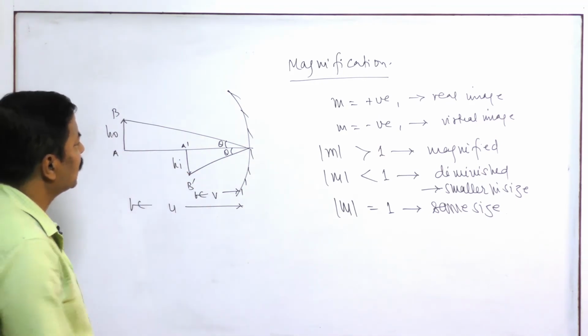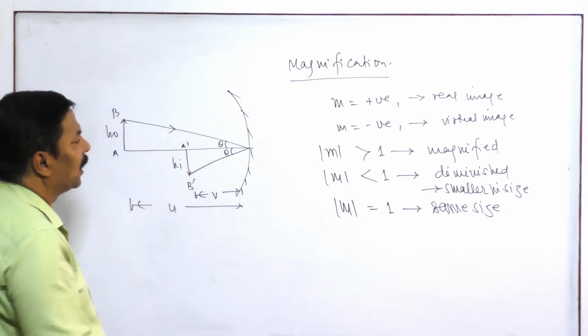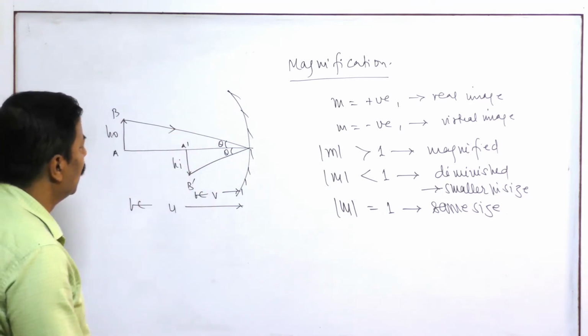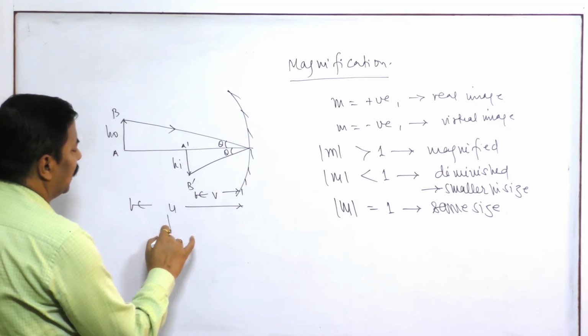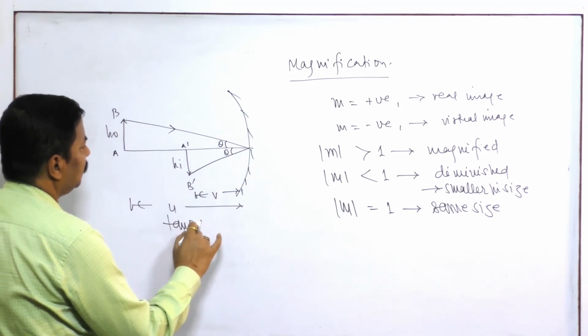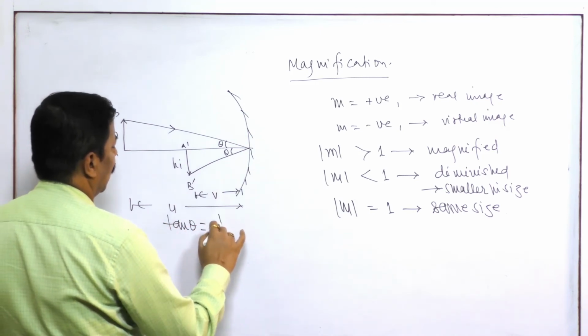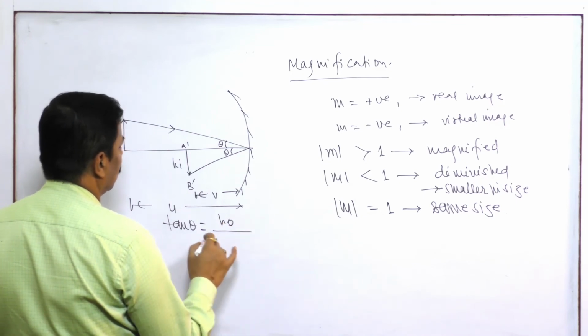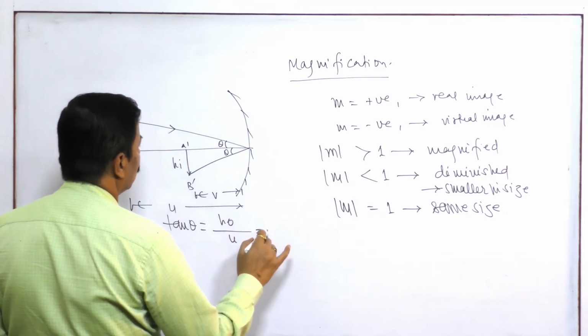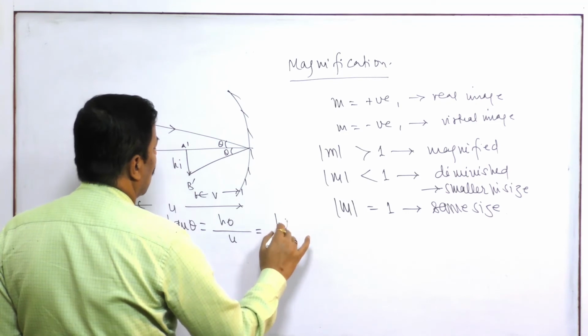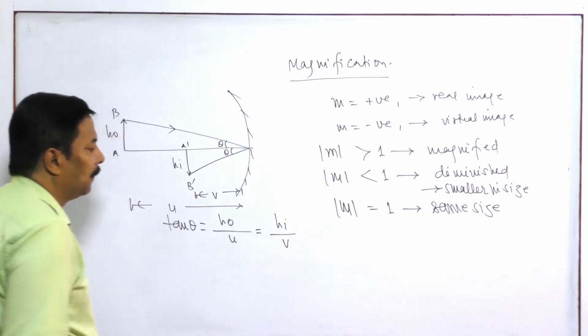Here you observe that theta is small. So tan theta is equal to HO by U is equal to HI by V.